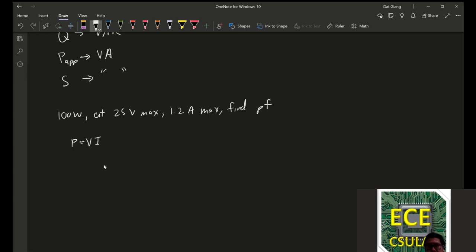P is equal to VI cosine of theta. The power factor is right here, so all we really need to do is find this relationship. So we get 100 watts divided by 25 times 1.2, over 10.